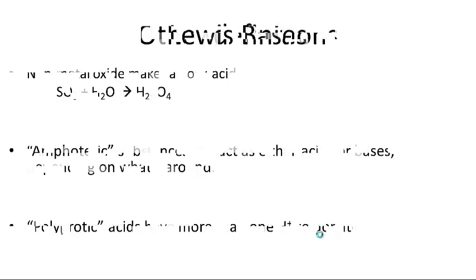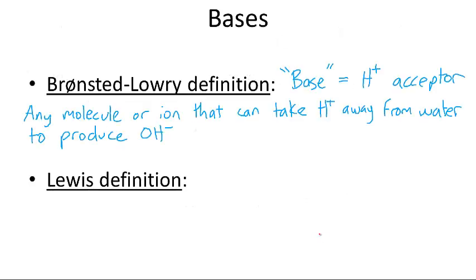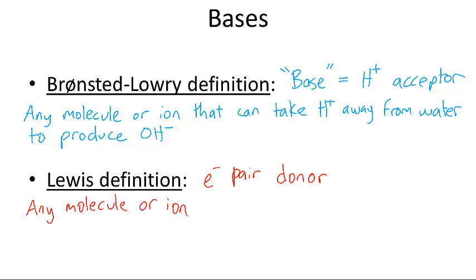All right, so just to very quickly finish, a Lewis base is anything that has a lone pair that it can share to make a bond. So this is an electron pair donor, meaning any molecule or ion that can share its lone pair with a Lewis acid to make a bond.